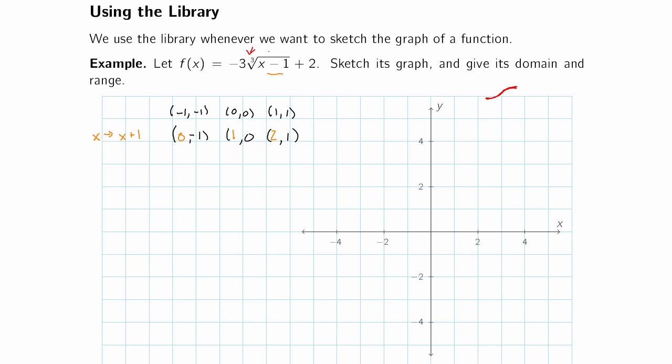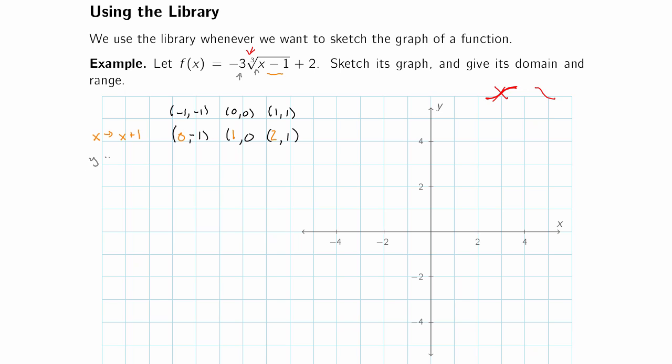Next, we don't have any horizontal scaling, so next we'll proceed to our vertical scaling. Our vertical scaling will also include a reflection. So actually, we're not going to have this curve. It's going to be upside down. We're going to have vertical scaling by 3 and reflection.